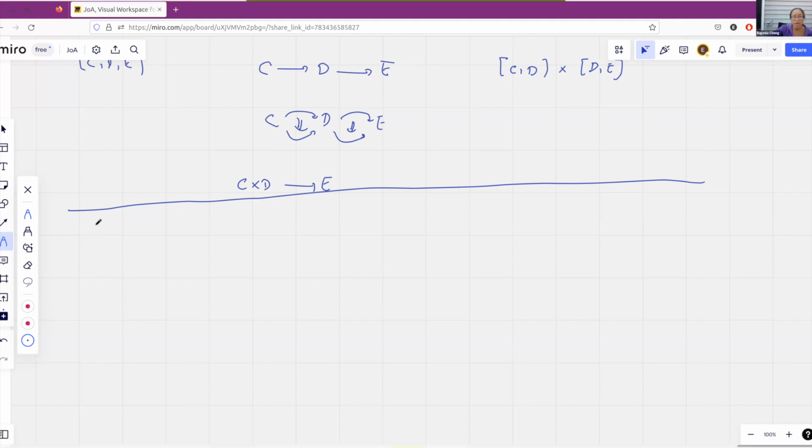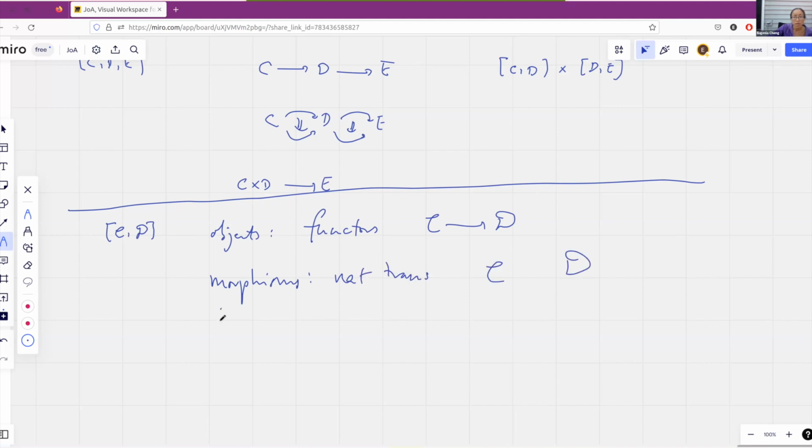So if you take a functor category like that, then the objects are functors from C to D, and the morphisms are natural transformations. So a morphism F to G is a natural transformation from F to G.